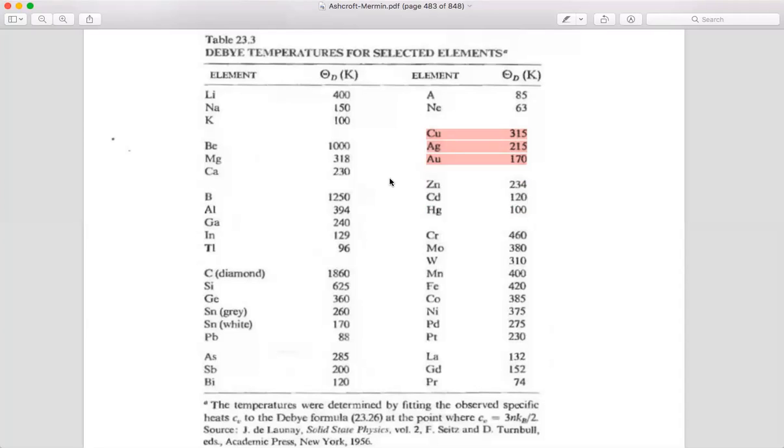So that is the Debye model. And so what does one do in the other one, the so-called Einstein model?